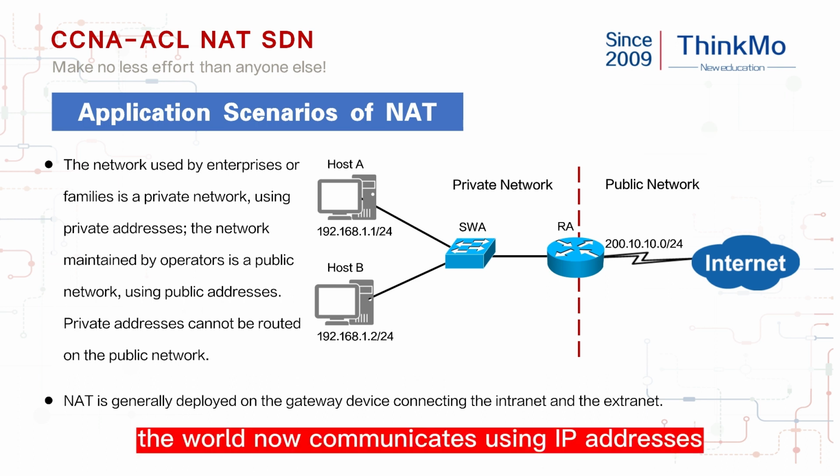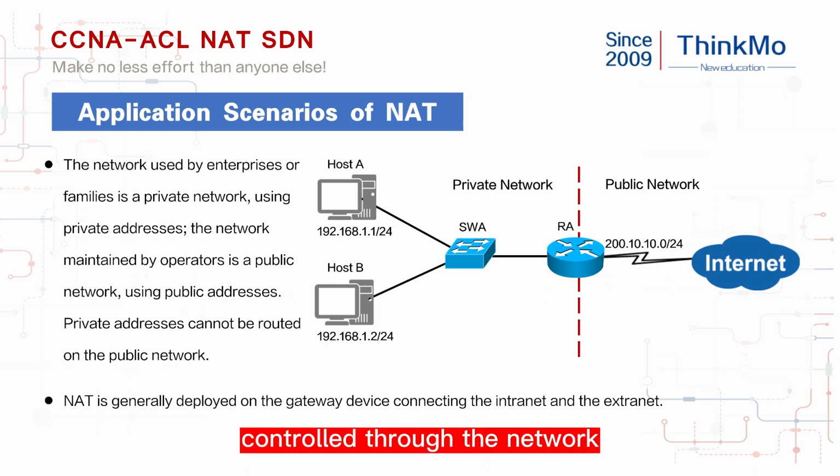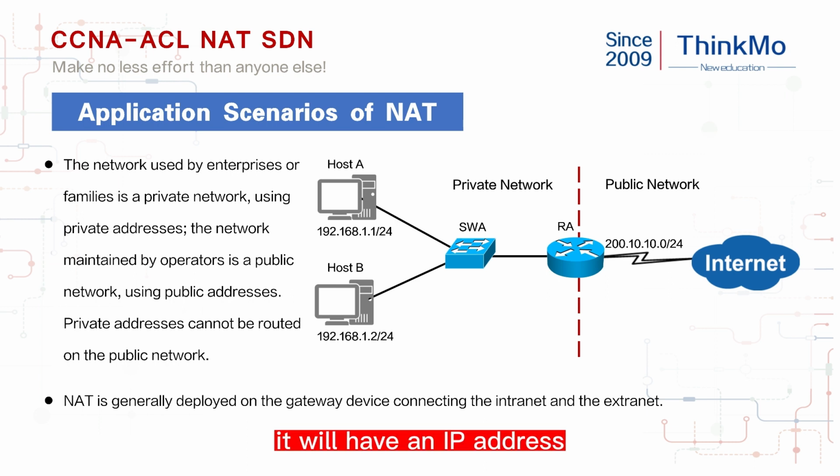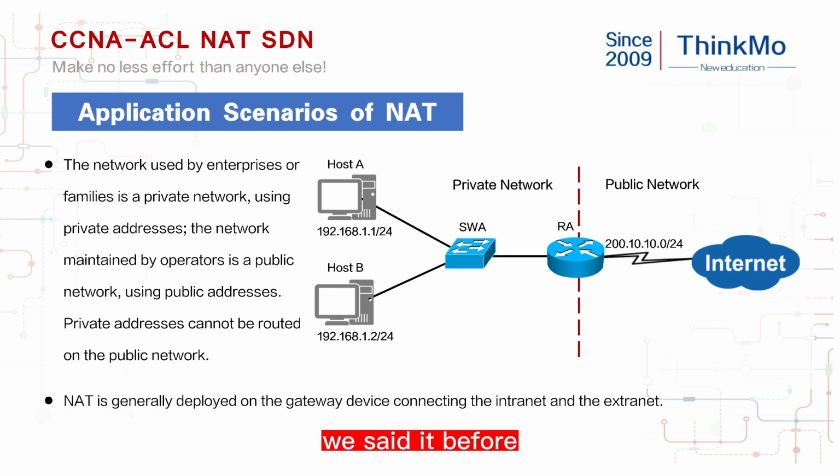The world now communicates using IP addresses. As long as a device wants to connect to the internet, it must have an address. That is, now all devices that can be controlled through the network will have an IP address. For the world, 4.3 billion addresses are not enough. We said it before.